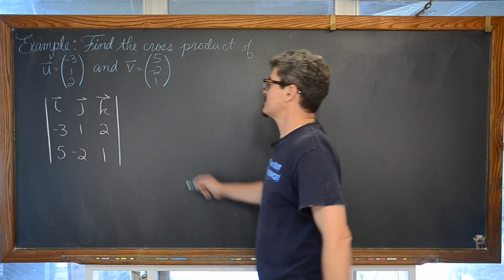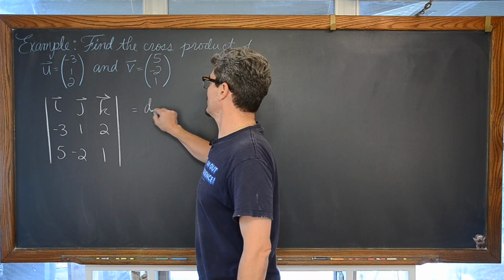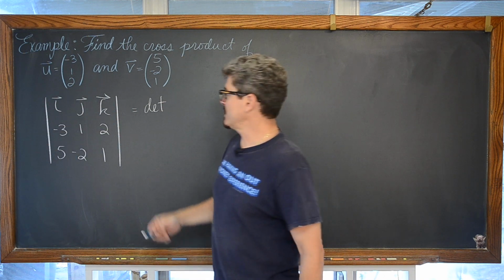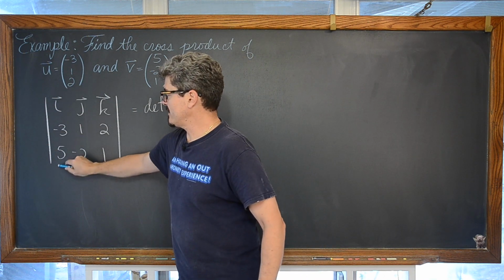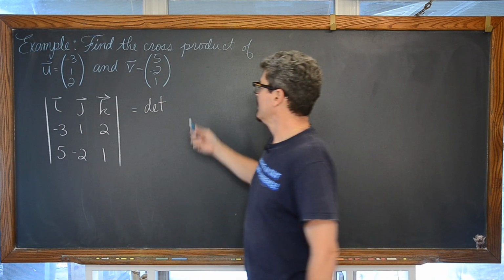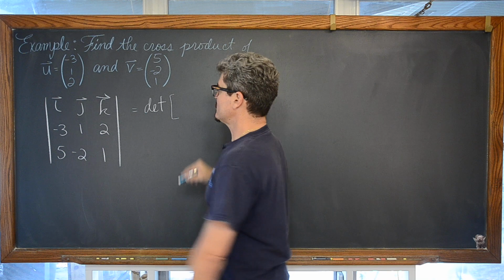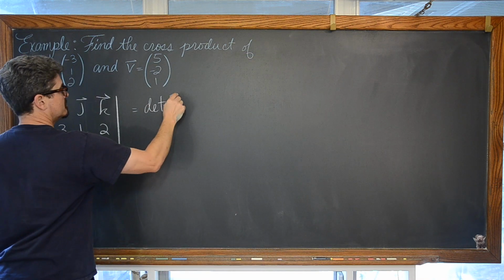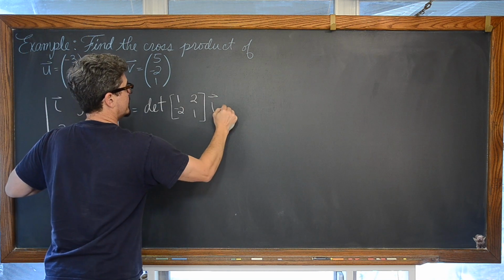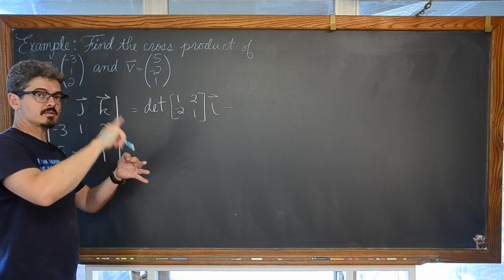So we're going to say that this is equal to the determinant. I'm not going to scribble all over my matrix again here, but again, crossing out or thinking about crossing out the column and row that has vector i, we're going to have the determinant of the 2 by 2 matrix, 1, -2, going in columns, 2 and 1. Now minus, plus, minus, plus.